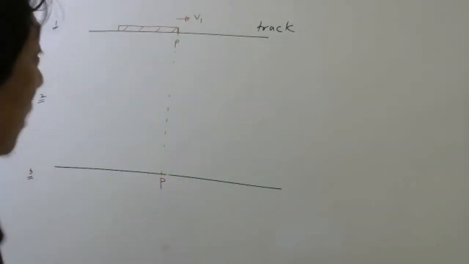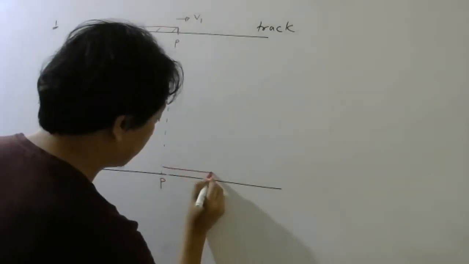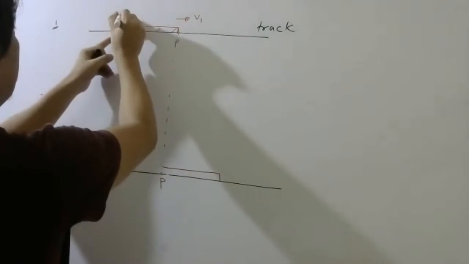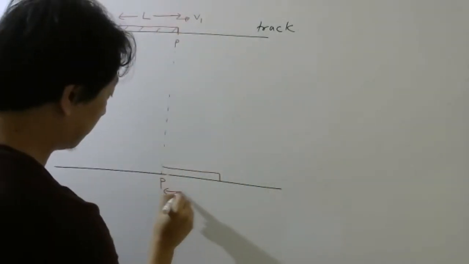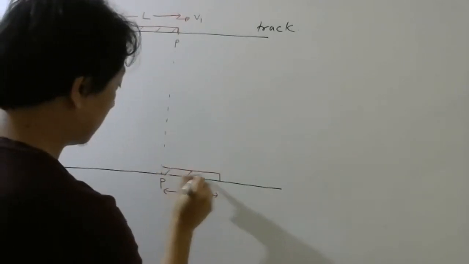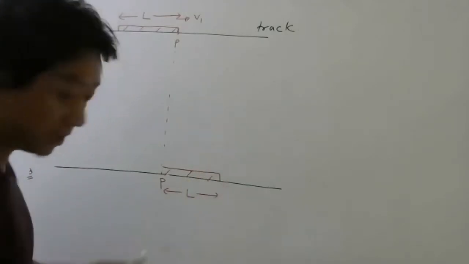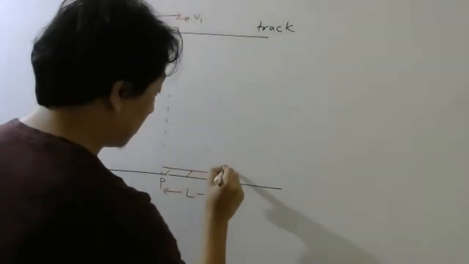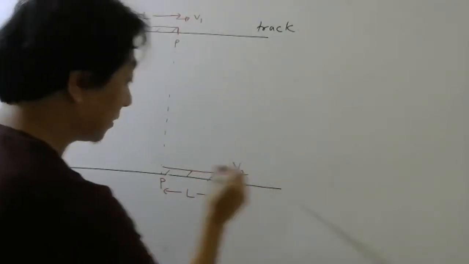Then what they told, when the rear end, yeah. Now if this is L, this is also L, okay. When the train has reached here, what is the velocity they told? V2, I think. Correct?